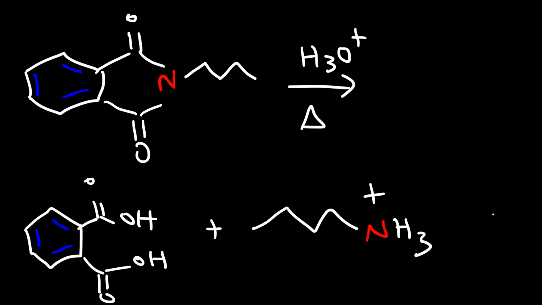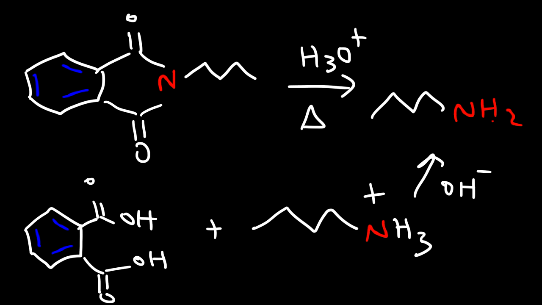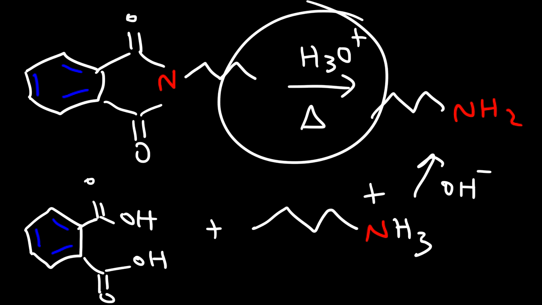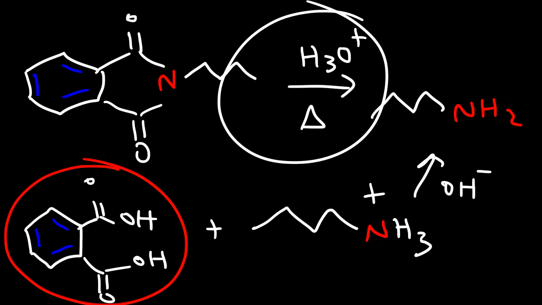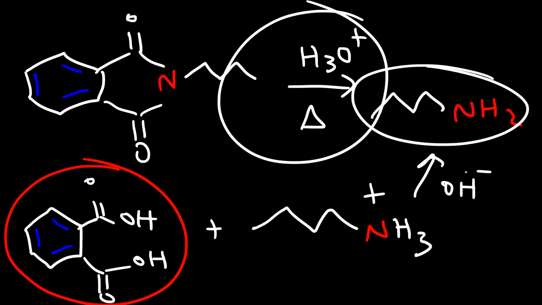But we can add some base to this, let's say hydroxide, just enough to basically remove the hydrogen and turn it to an amine. So if you use H3O plus instead of hydrazine, just know that you're going to get 2 carboxylic acids on a benzene ring as your side product. But you could still get the same amine in the end if you basically increase the pH of the solution.